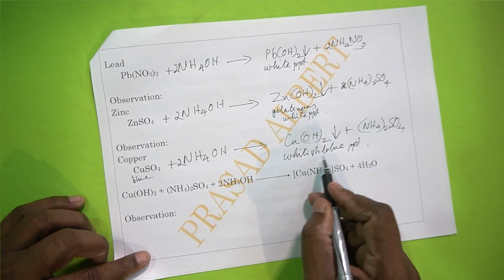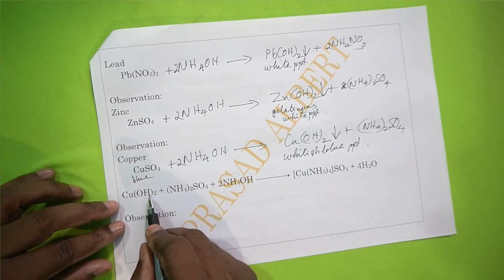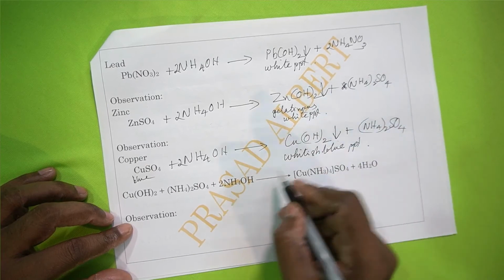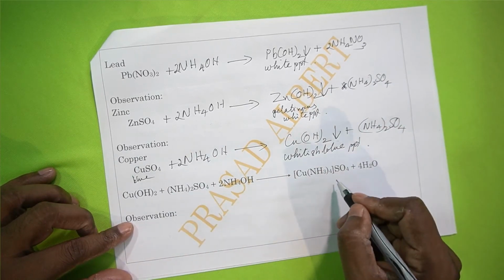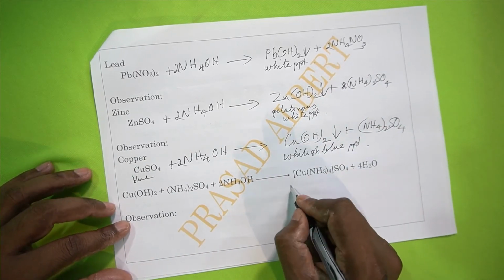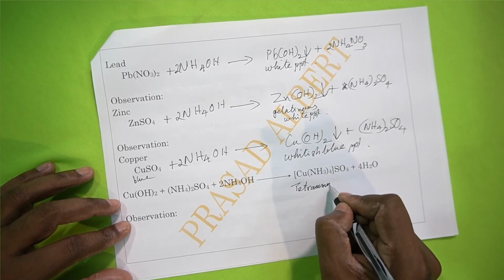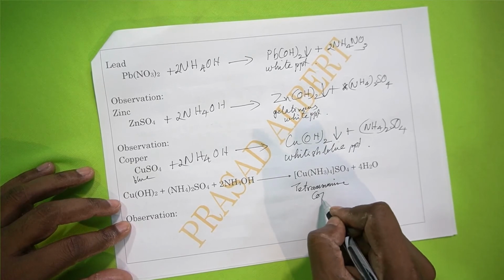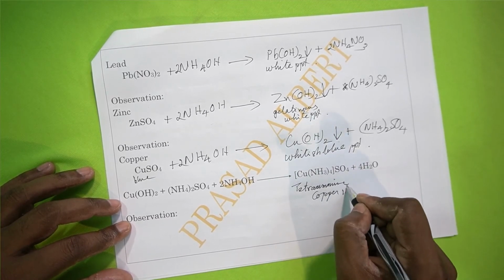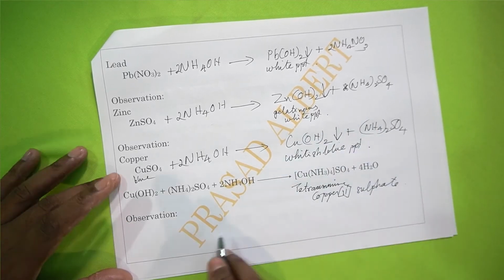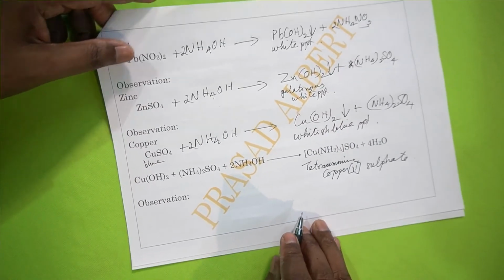Now the copper hydroxide formed here, if you add excess ammonia to it, you get tetraammine copper sulfate, tetraammine copper 2 sulfate. It is a complex, so it forms an inky blue solution.